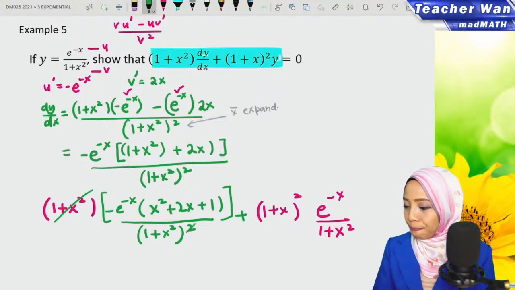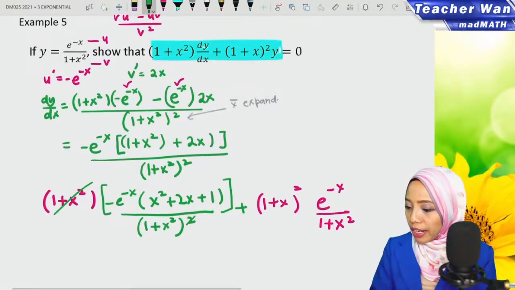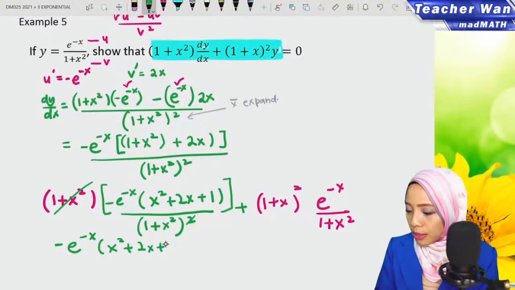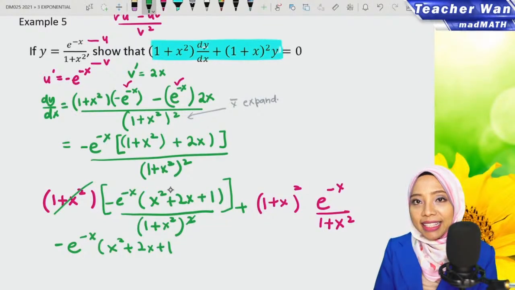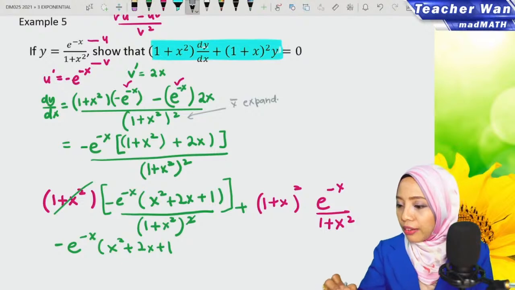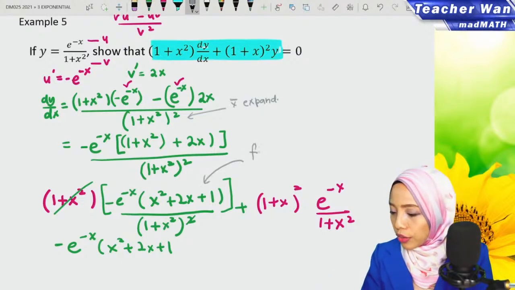Okay, so negative e to the x, x squared plus 2x plus 1. If you factor this, you have two options. It's either you factor out this, I write down, or you expand this.